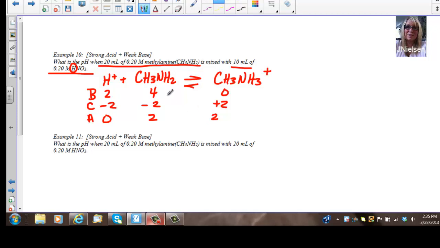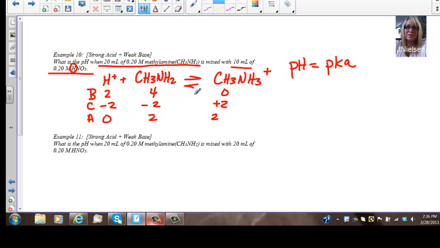Well, here it should be pretty intuitive. Here's my acid-base pair, okay? And the log of 2 over 2 is simply going to be 1. So in this case, my pH is simply going to equal my pKa.